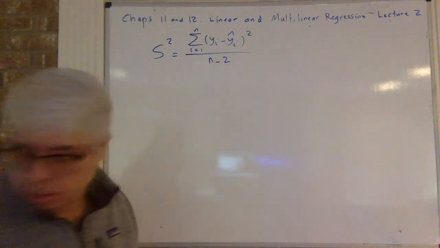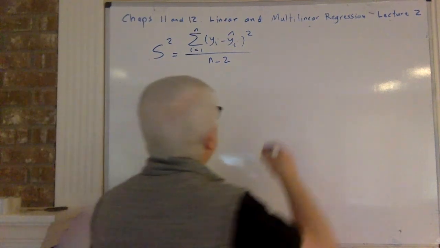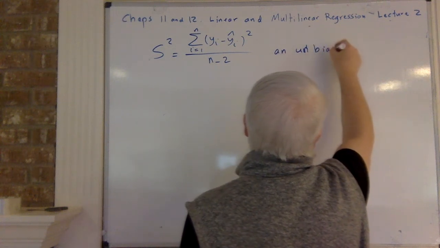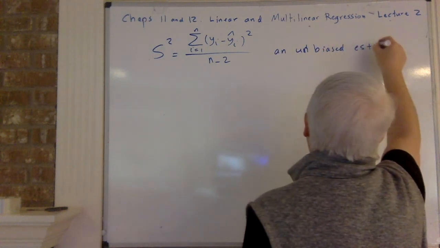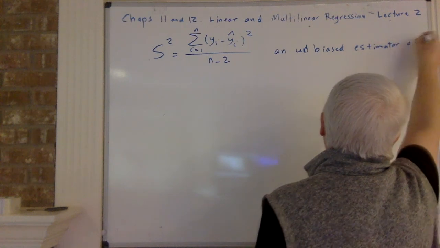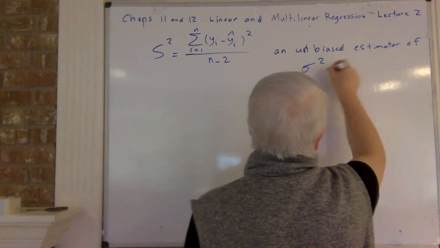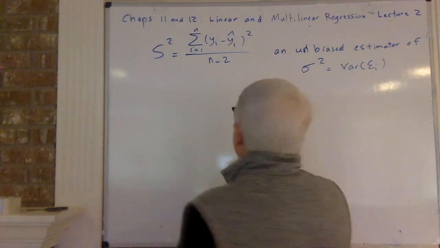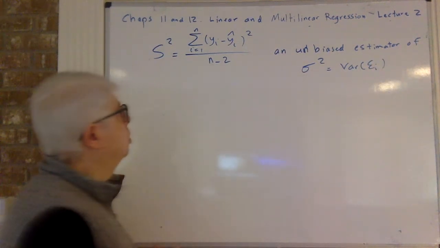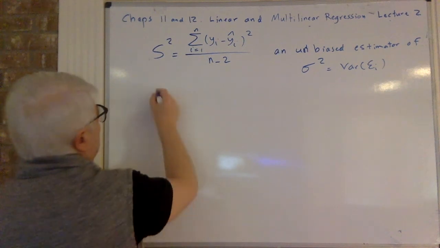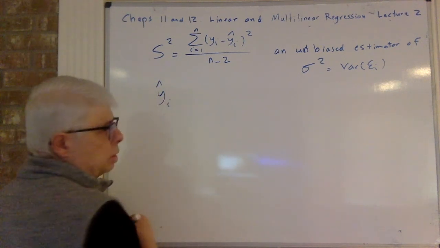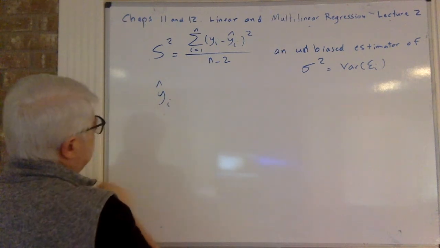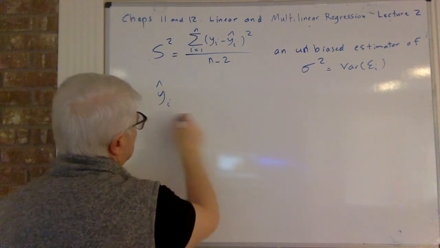That is an unbiased estimator of sigma squared, which was the variance of epsilon, the noise. And y hat, that's the calculated yi.